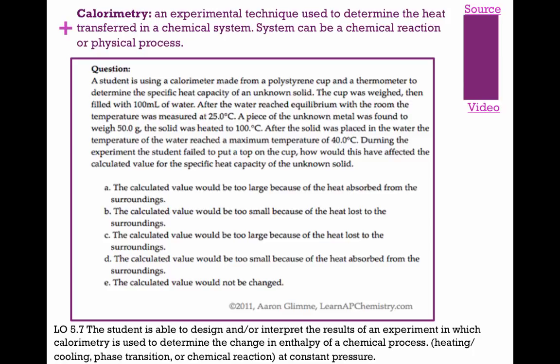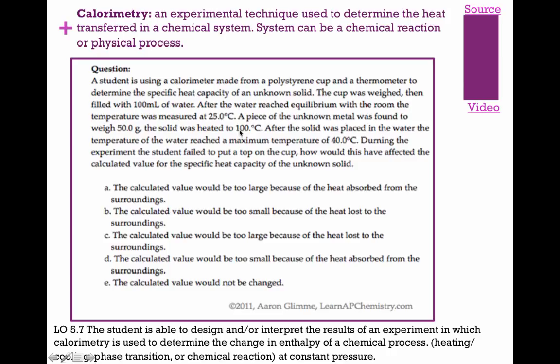And so what you really need to do is break this question down into what all is happening. So you put in a really, really hot solid into relatively cold water. It's room temperature water, but compared to the 100, it's pretty cold. So if the final temperature was 40 degrees, what happened to the solid?